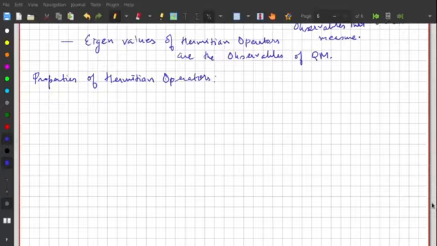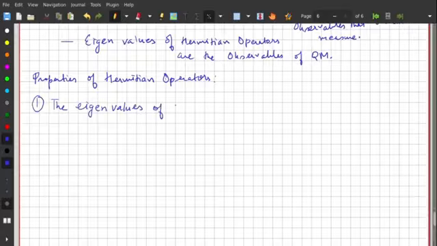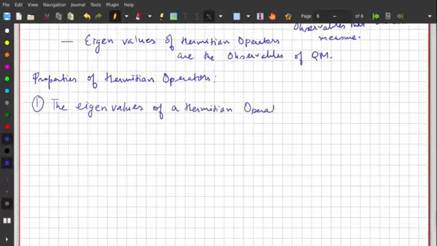Okay, so let's now study some of the properties of Hermitian operators in general. So one of the very important and fundamental properties of Hermitian operators is that the eigenvalues of a Hermitian operator are real.